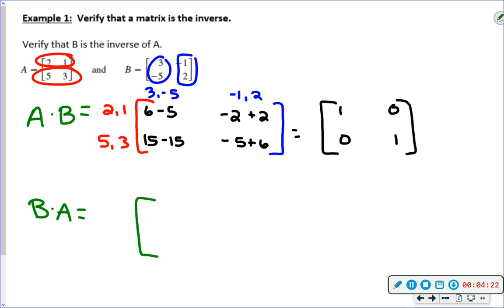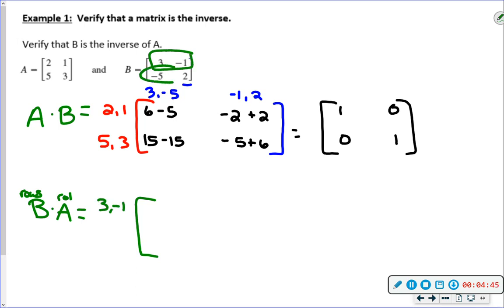Now, let me erase all this writing I have up here on A and B because it's going to switch. I need rows of B, columns of A. Now, do we have to rewrite the matrices and get all crazy? No. We just recognize rows of B. So 3, -1, -5, 2.